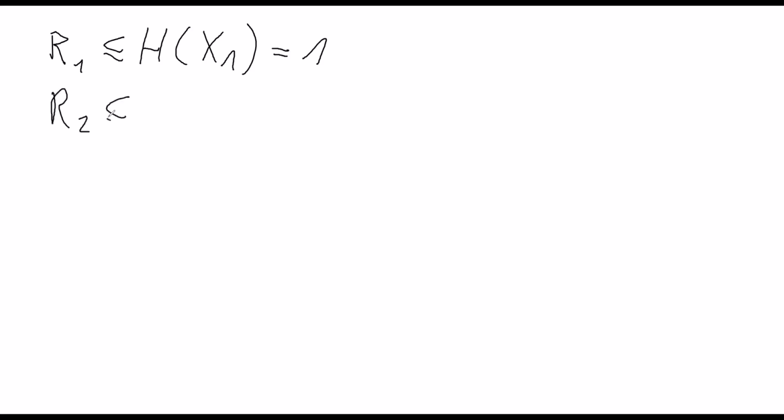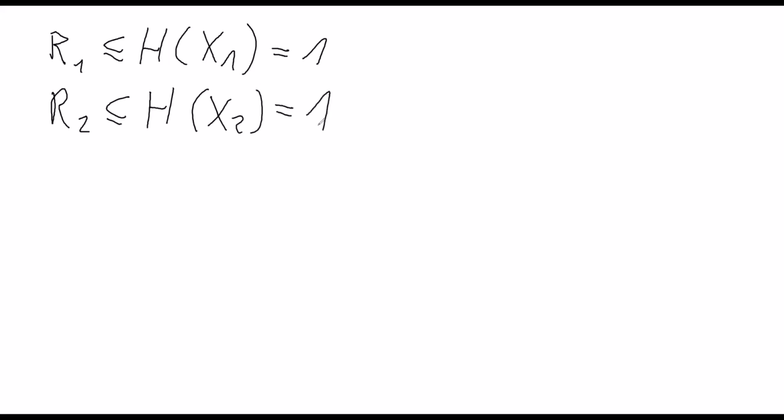So our bound is that R1 is less than or equal to H of x1. That obviously has to be uniform, so this is equal to 1 if you take the maximum over all x1. R2 is less than or equal to H of x2.